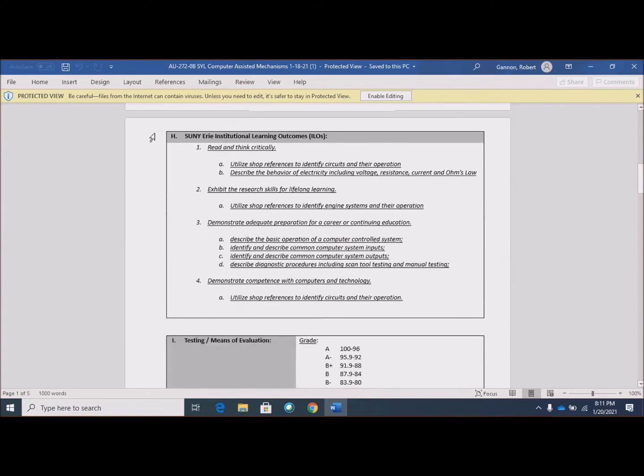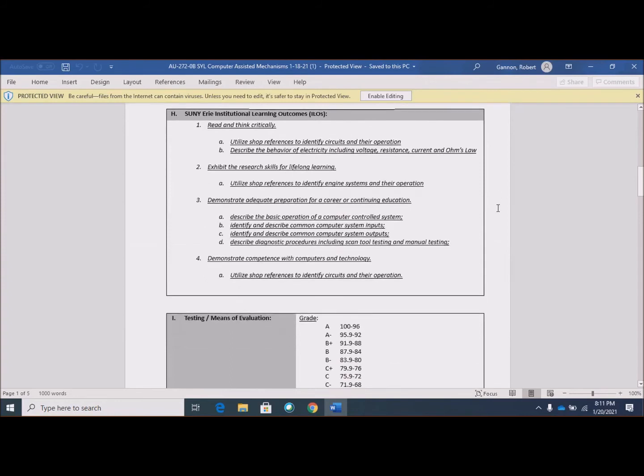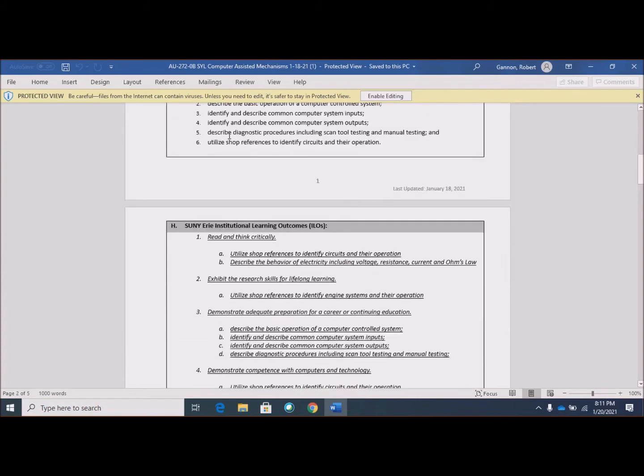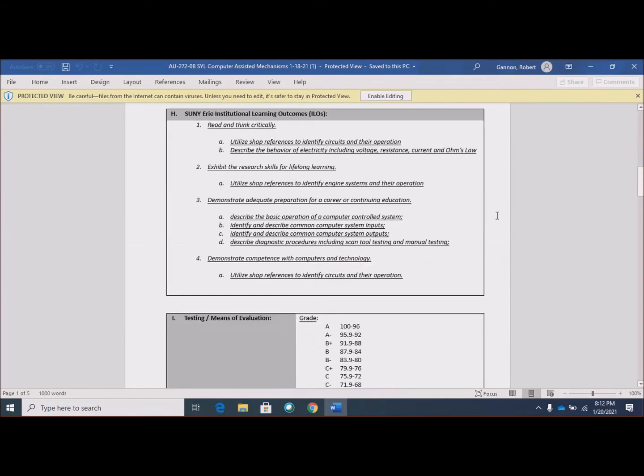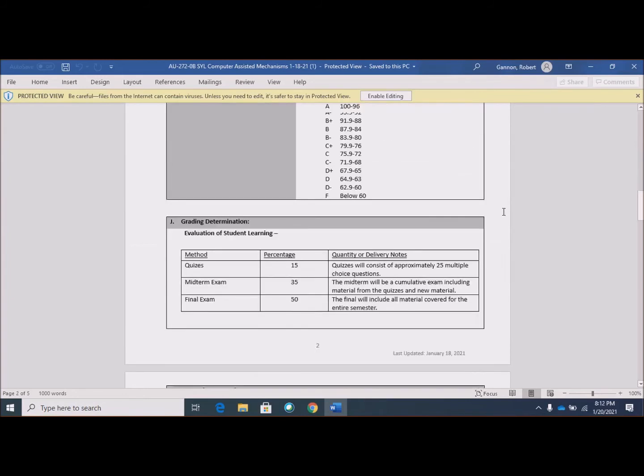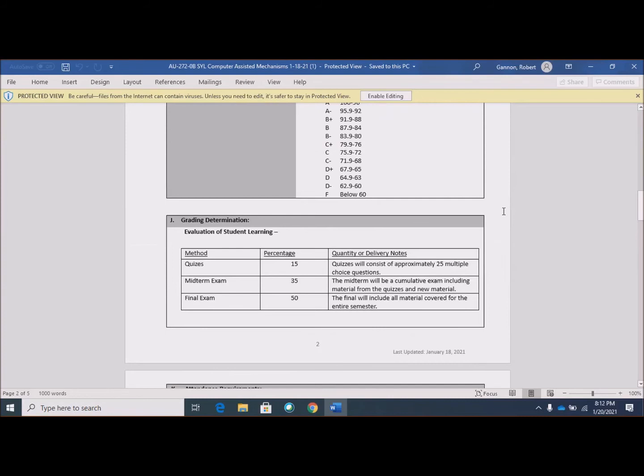Again, like I did for the lab, I'll let you read the learning outcomes. This is just things that the college insists happen in our classes, and those objectives of our class that meet those college-wide requirements. Grading is going to be really simple.